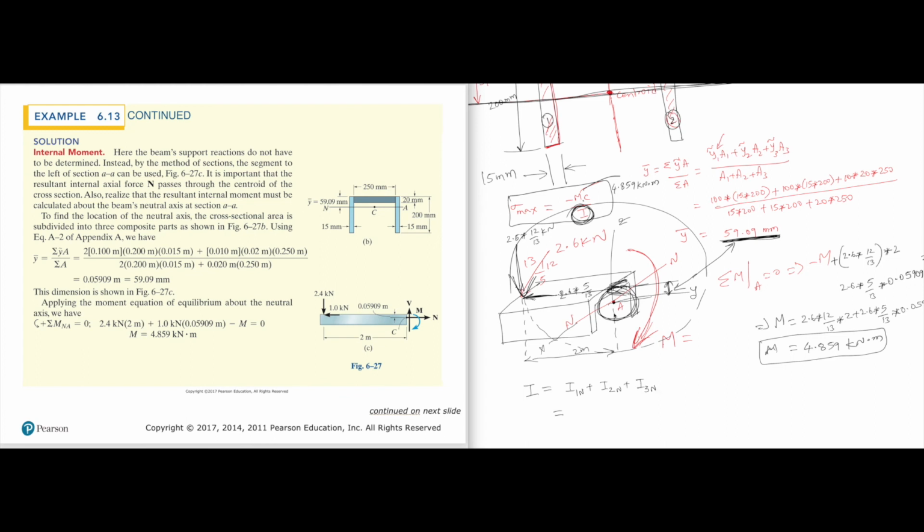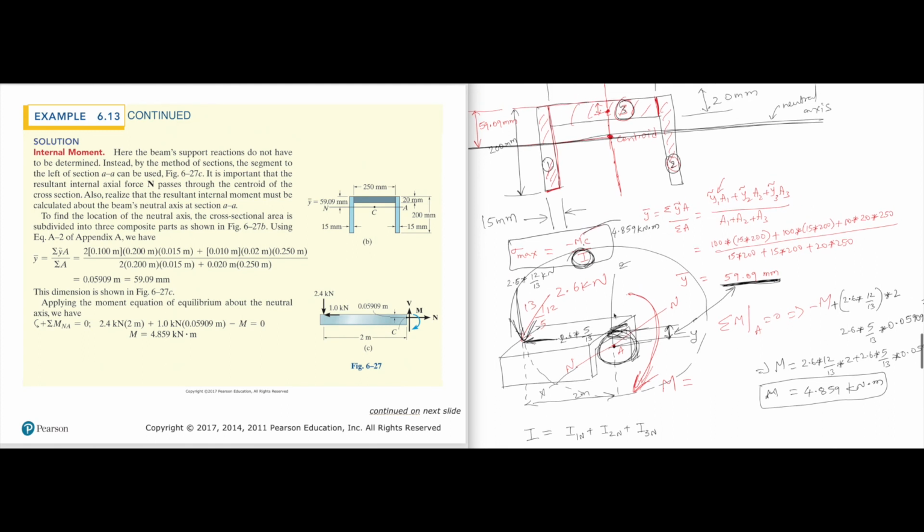Tell me the first shape. What is the moment of inertia of the first shape with respect to the neutral axis? If you know the first shape with respect to neutral, the second will be exactly the same because they both look the same with respect to the neutral axis.